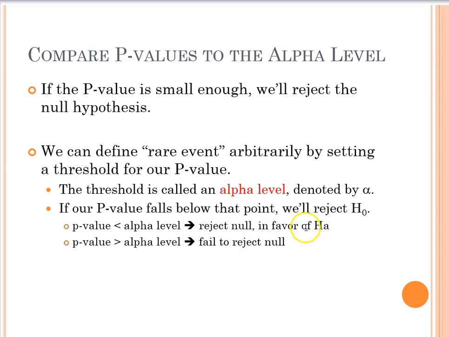And so we would reject the null hypothesis in favor of the alternative. If the p-value is really large, greater than the alpha level, then we would fail to reject the null hypothesis, meaning we just don't have enough evidence convicting the defendant. It doesn't mean that the alternative hypothesis isn't true. It's just that we haven't collected enough evidence to suggest that it is in fact true.